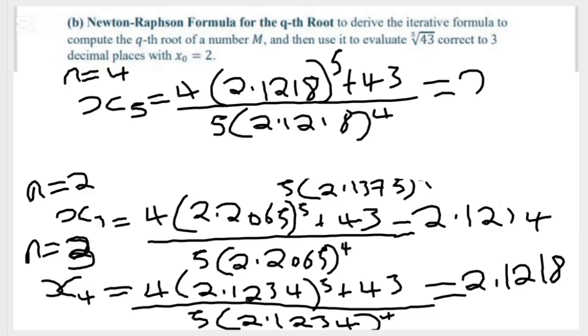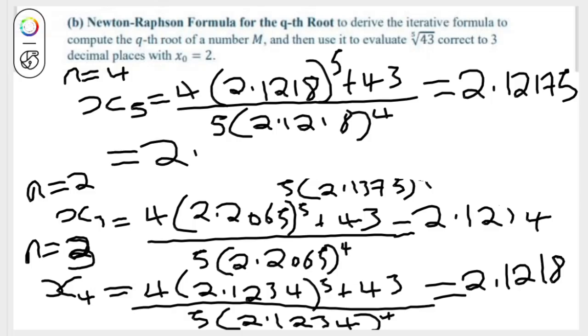So this is the same thing as 2.12175. So as you can see, both x4 and x5 are equal to 2.122 approximately.